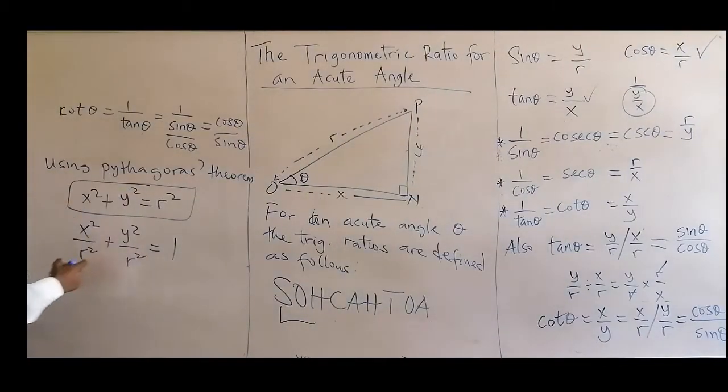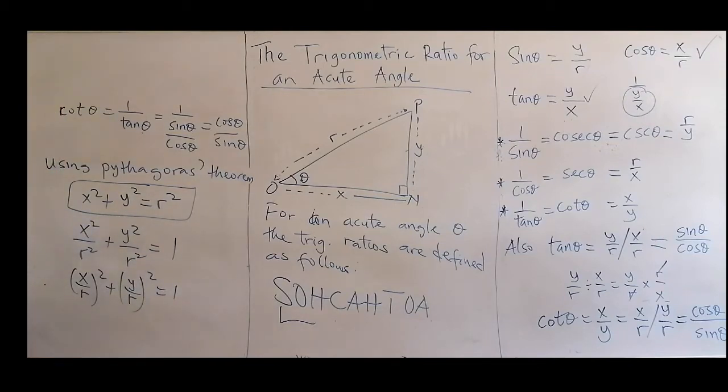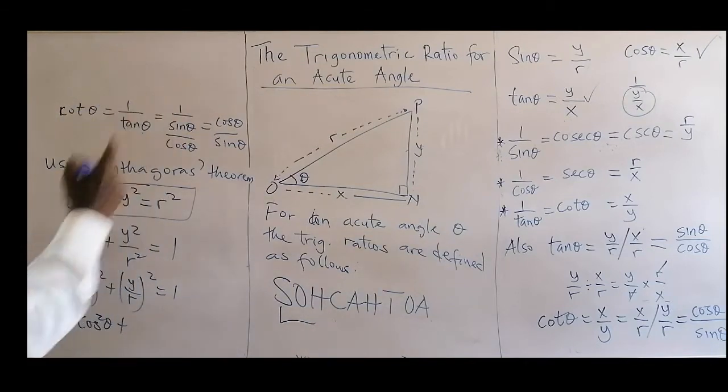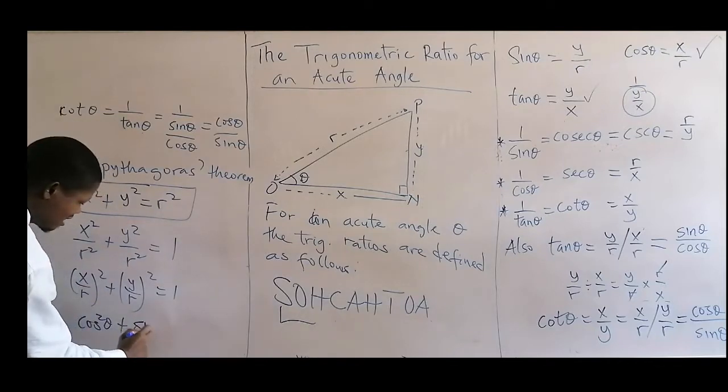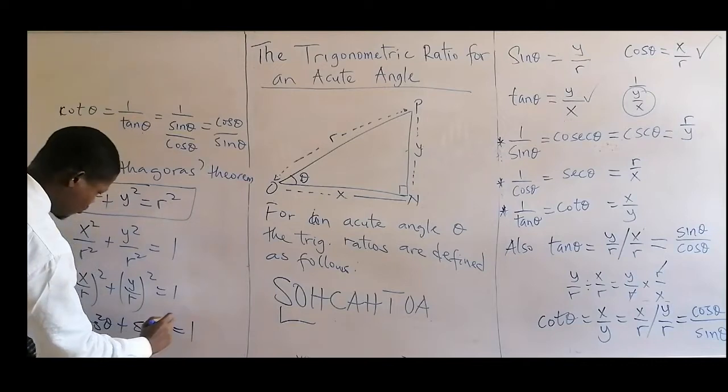This is squared, so I can write it this way: x over r, and then y over r, equal to 1. So finally, this will be cos squared theta plus, y over r is sine, sine squared theta, equal to 1.